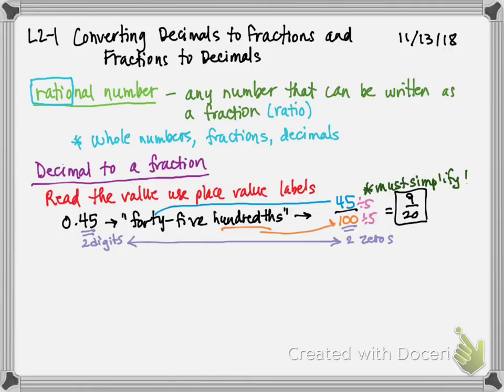Next, let's go the other direction. Let's go from a fraction to a decimal. We have 2 methods. The first method is equivalent fractions.